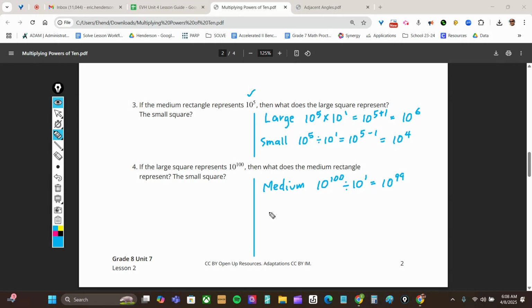Alright, and then the small is going to be 10 to the 99, because that's the medium. Then it's going to be divided by 10 to the first, which equals 10 to the 98th power.